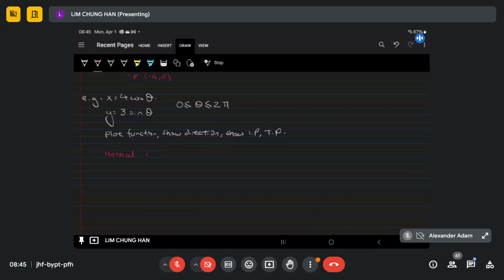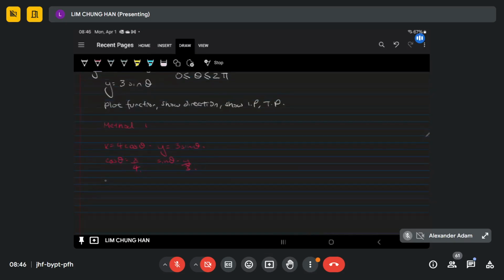So x and y both have cos and sine in them. How do you combine both together? This question is very similar to the previous one, so I'm going to go through quickly. If you don't understand, let me know. We know x equals 4 cos theta, so cos theta is x over 4. Also y equals 3 sine theta, so sine theta is y over 3.